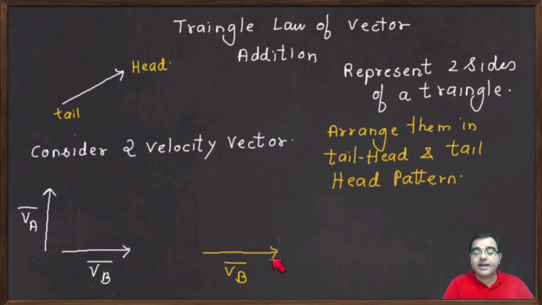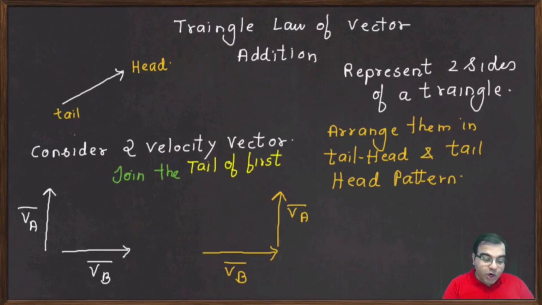The next arrangement is also going to be in the same pattern. Which pattern? Tail-head. So even my VA, now I am moving my VA from here to here, it's in that tail-head pattern. So this is your tail, this is your head. Again this becomes a tail-head pattern, which is VA bar.